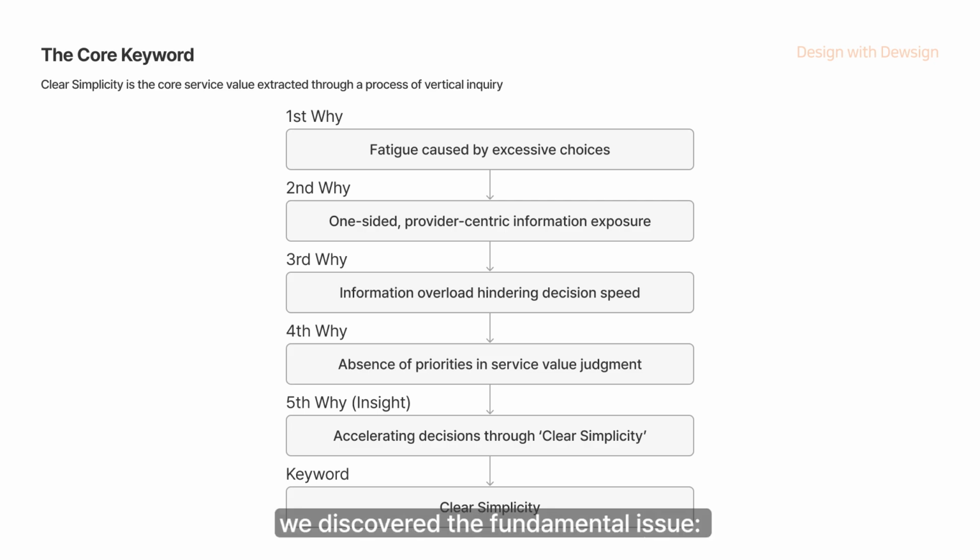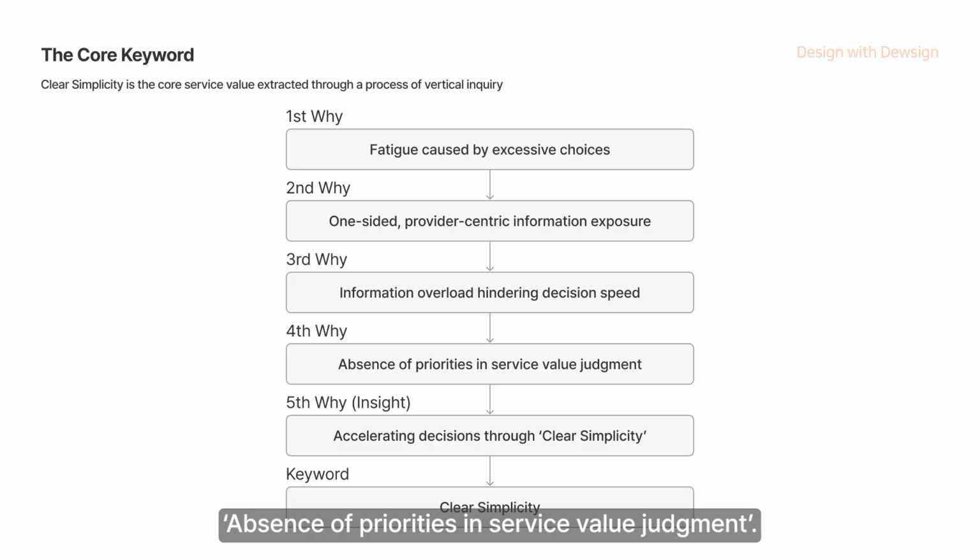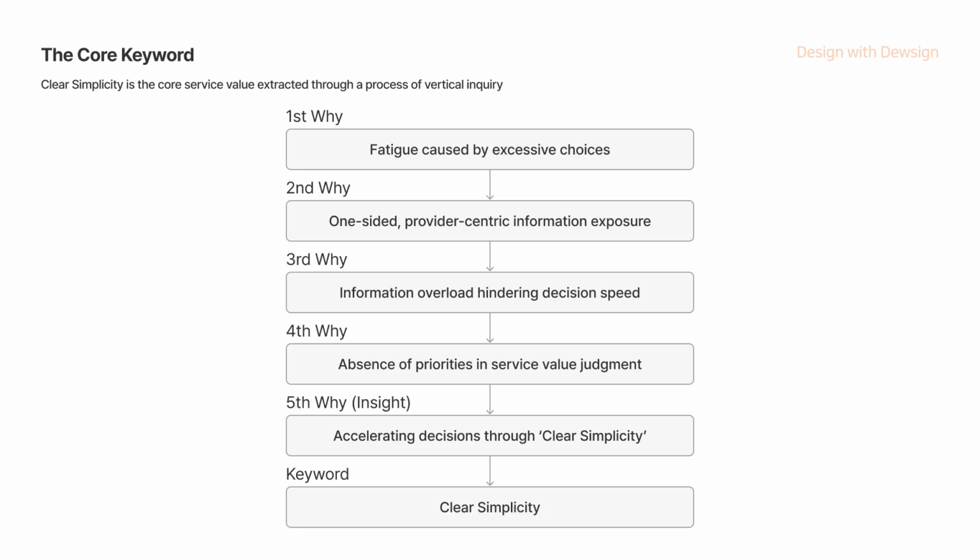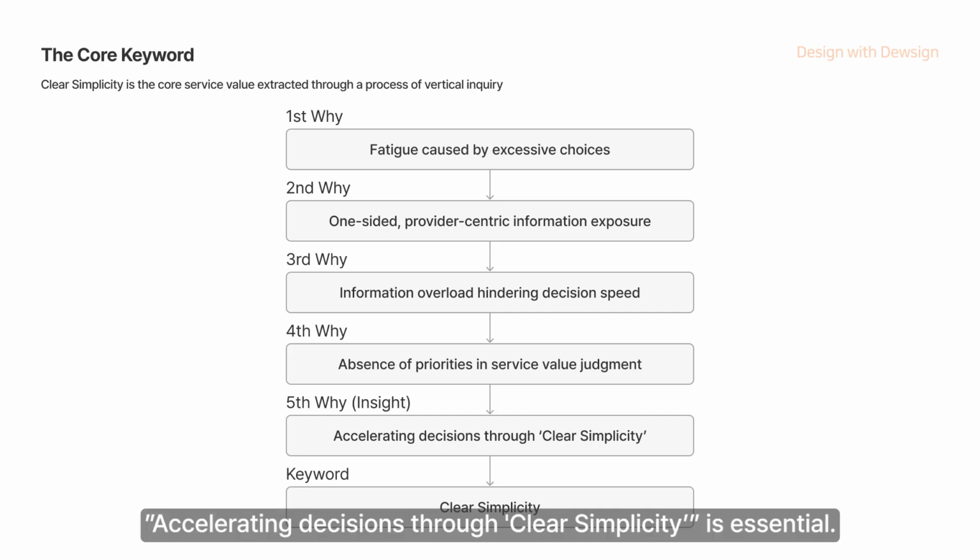With the fourth why, we discovered the fundamental issue, absence of priorities in service value judgment. Finally, in the fifth why, we reached the conclusion that accelerating decisions through clear simplicity is essential. In this way, we have successfully derived our core keyword, clear simplicity, which will serve as the root of our service.